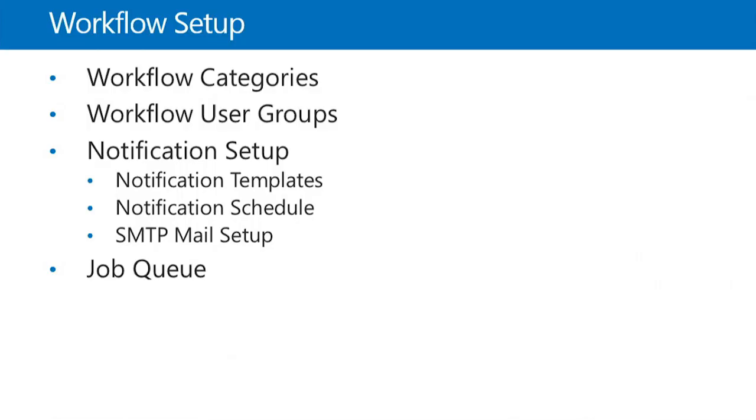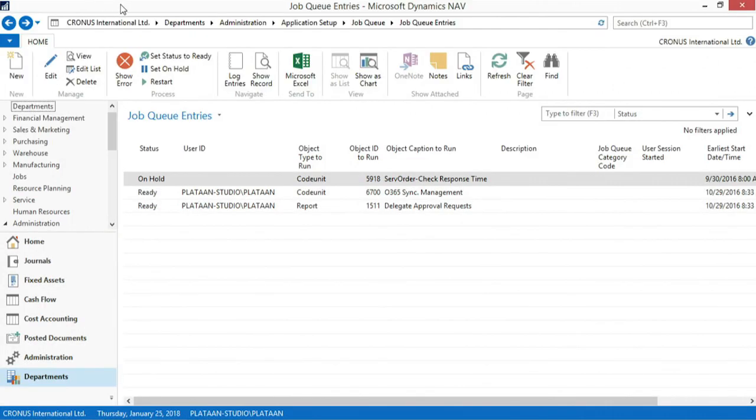Now, you also might have to take care of the job queues, because some workflows might use job queues in order to optimize some of the tasks. Let's have a look. So here you can see, so job queue, let's go to the application. And if I go to the job queue entries, which you can do by using the search function, you can see here one example.